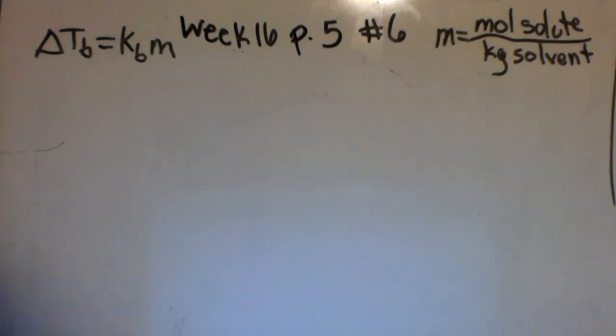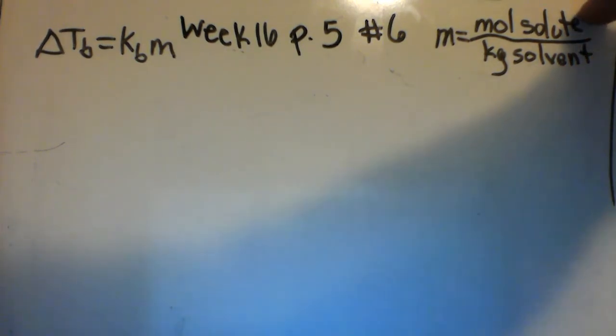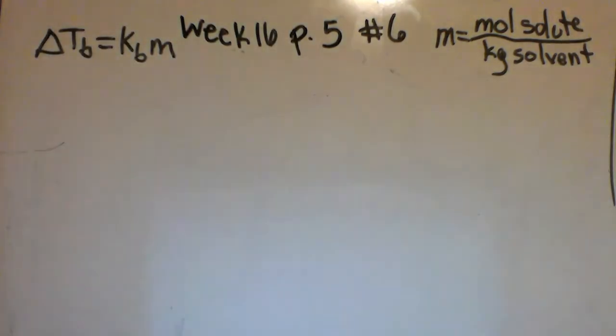But if we look closely at the molality formula, we have moles of solute. And it's saying that benzoic acid is what is going to be dissolved into ethanol. So benzoic acid will be the solute. We know that we can convert moles to grams using the molar mass. And they have given us the molecular formula of benzoic acid.